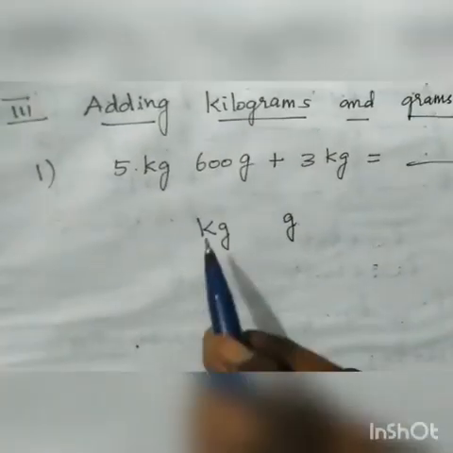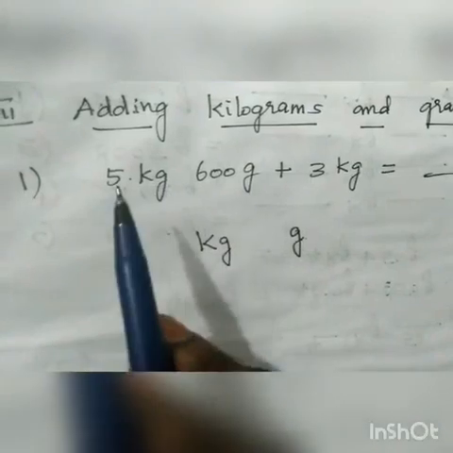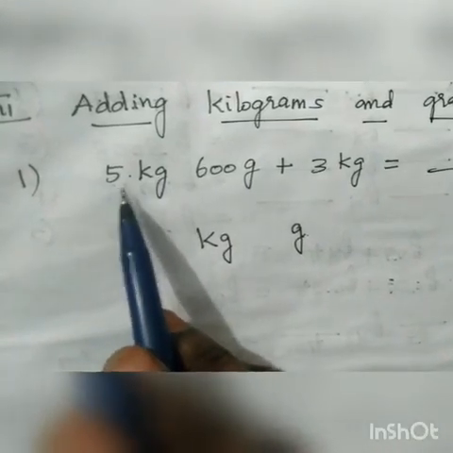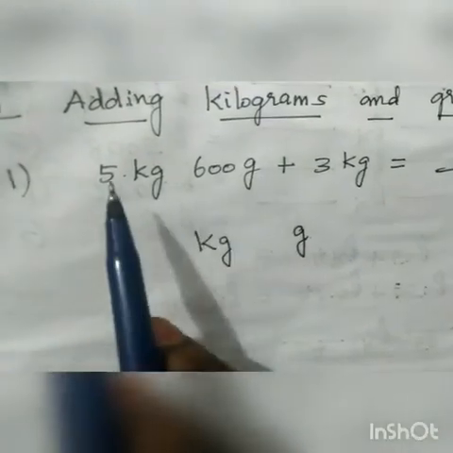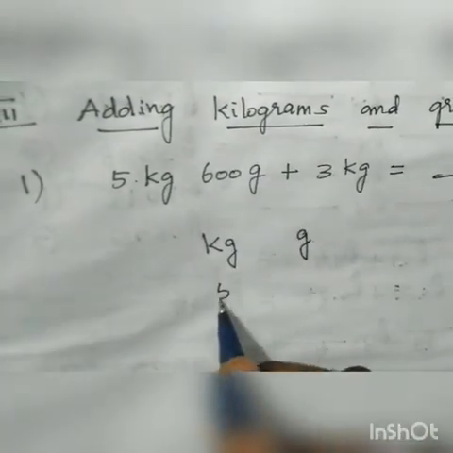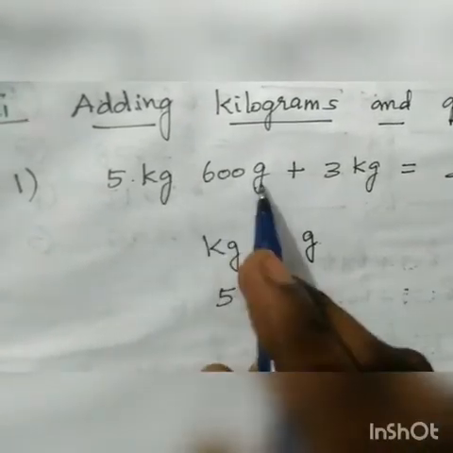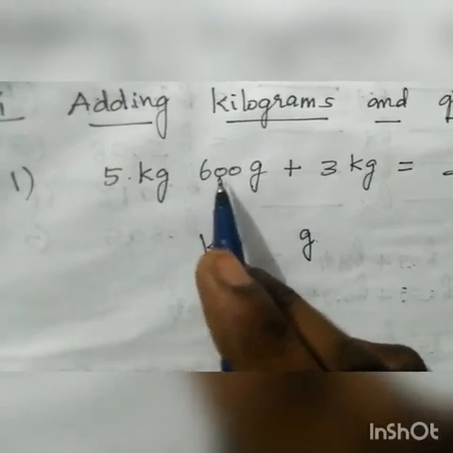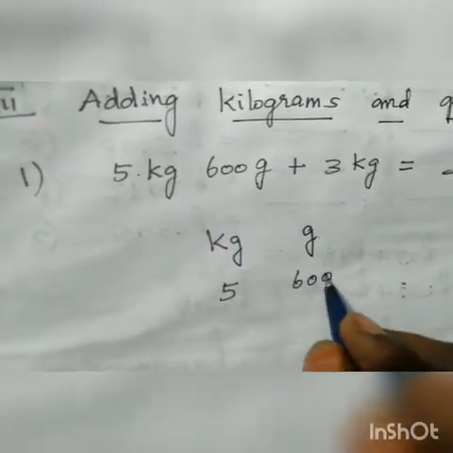Okay, after writing like this, we have to take the value from both the terms. In the first term, we have kg and gram. So we have to write this in the same line. Under kg, we have to write 5. Then in the first term itself, we have kg and gram, right? So what is the value of gram? 600. So under gram we have to write 600.